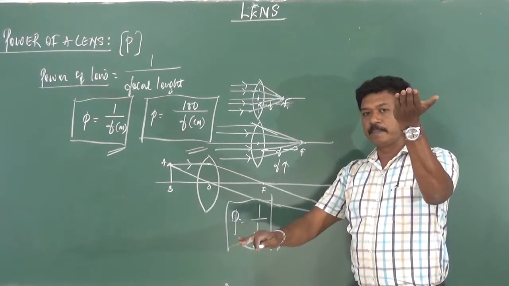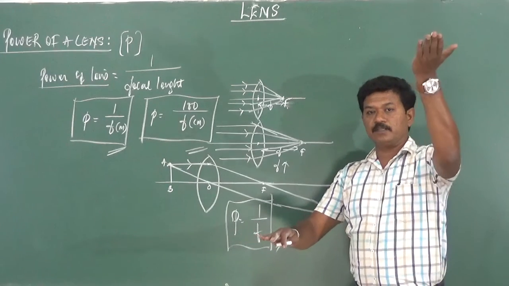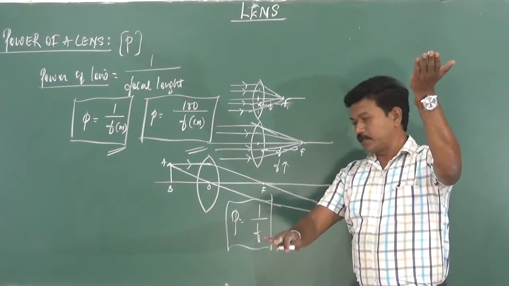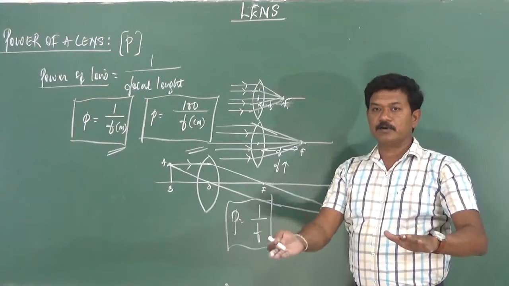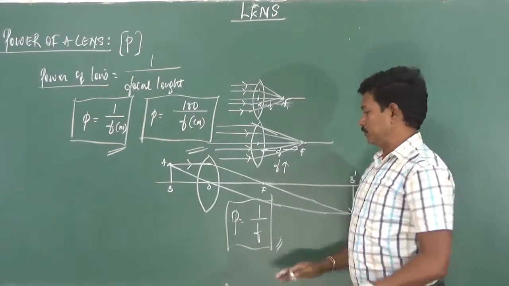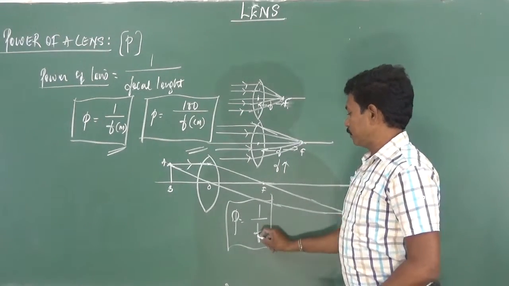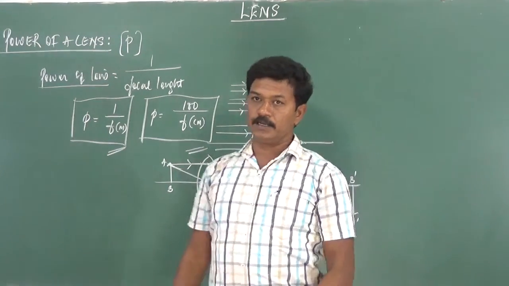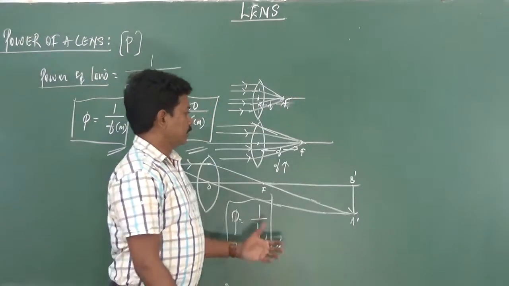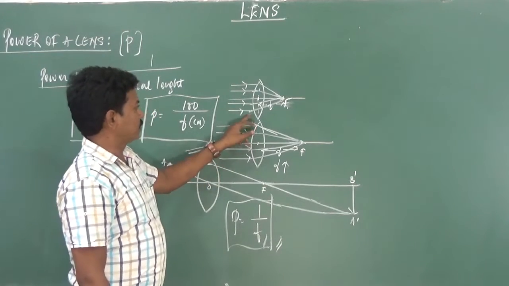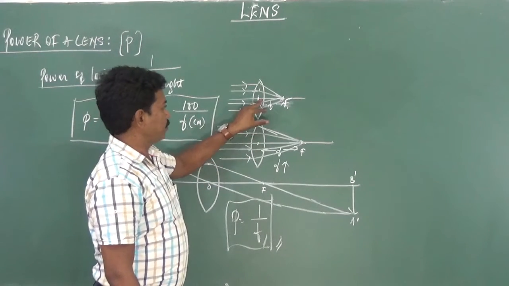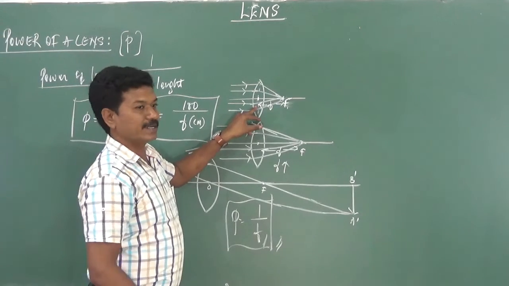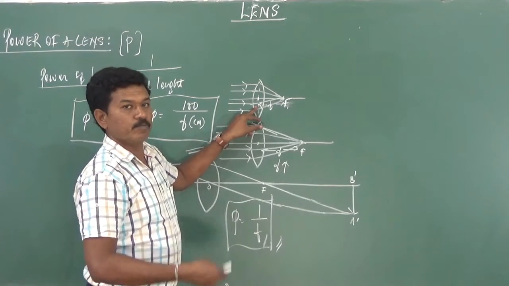This is how we have to remember this, because power of the lens and focal length are always inversely proportional. So, if a lens is able to converge all the light rays at a point very near to the optic center, then the ability of this lens to converge the light rays is more.